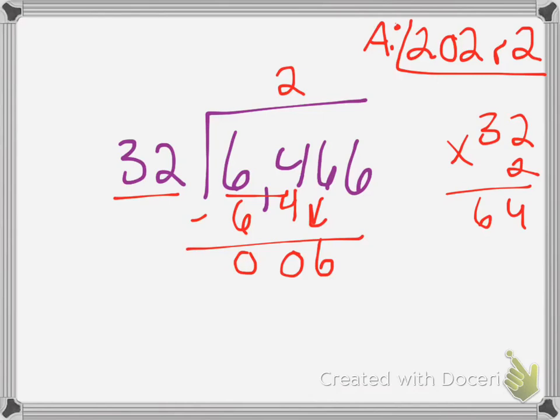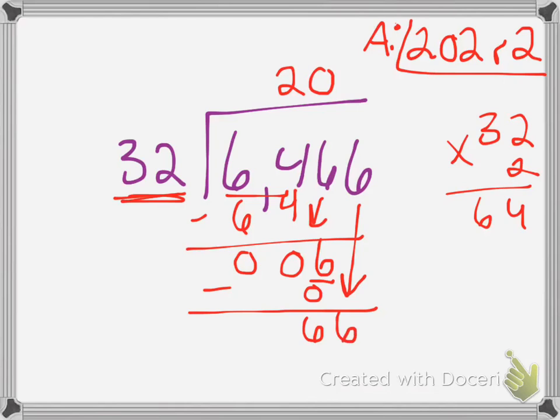We have to remember that 32 goes into 6 0 times. 32 times 0 gives you 0 if you wanted to subtract. And I can bring down my last digit. We know again that 32 times 2 gives me 64, which is very close to 66. 6 minus 4 is 2. So here I'm left with 202, remainder 2.